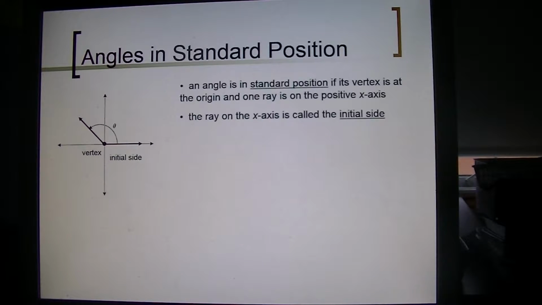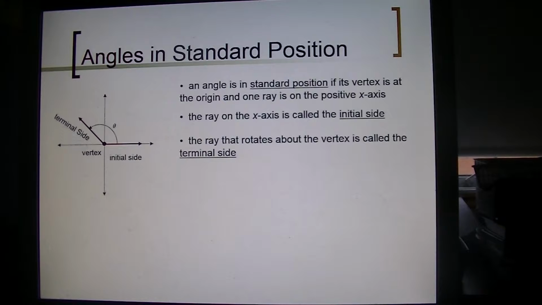The other one, where the angle ends, where the ray has spun to, we call the terminal side, the ending side. The ray that rotates about the vertex and ends somewhere over here is called the terminal side. And if I push this again, I bet it'll label it, yep, terminal side.